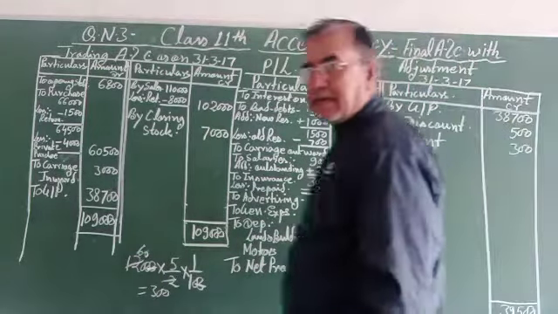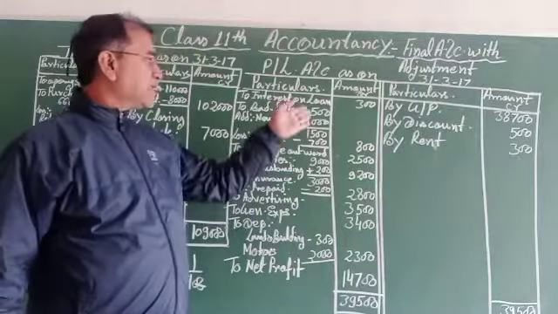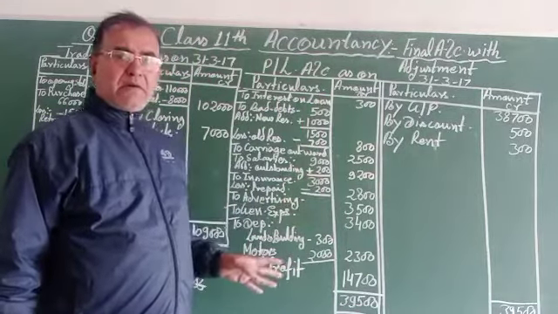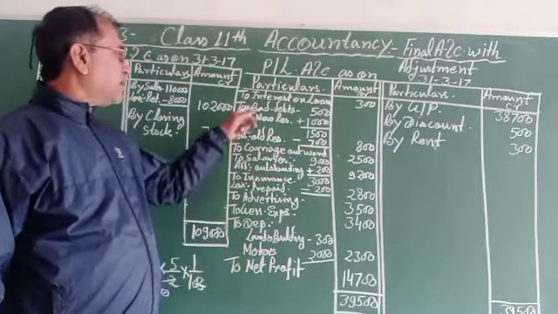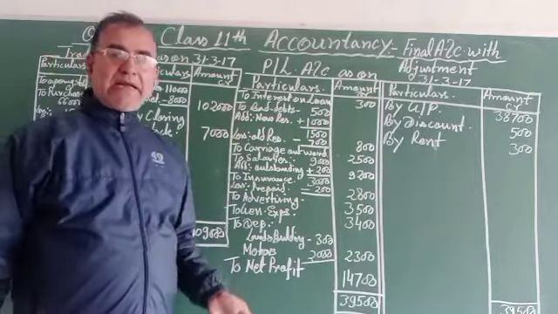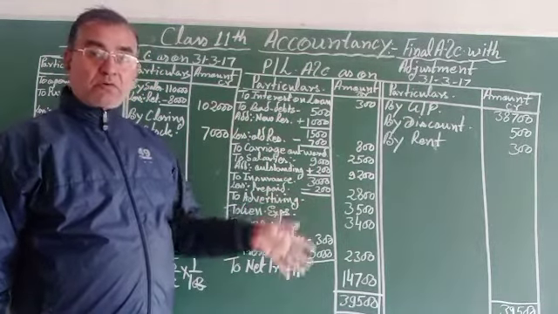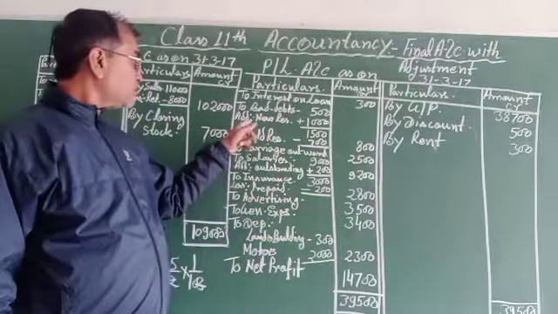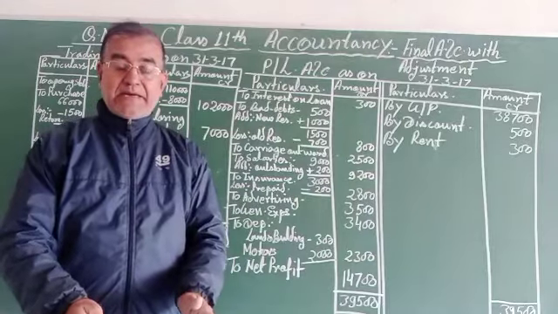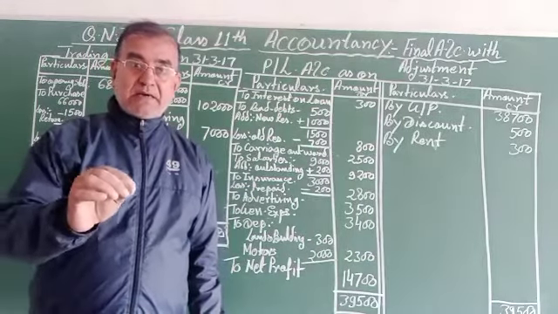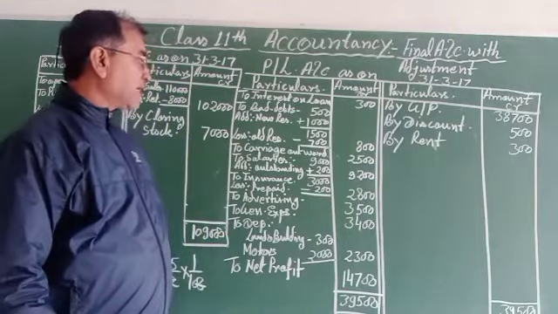Now you can see here, interest on loan, whatever the loan taken by the organization, the interest 300 per annum, that is given inside of the trial balance. Bad debts, whatever the amount irrecoverable, that is 500, from whom the goods are sold on credit. Add a new reserve, whatever the additional information given. Go through the additional information given.